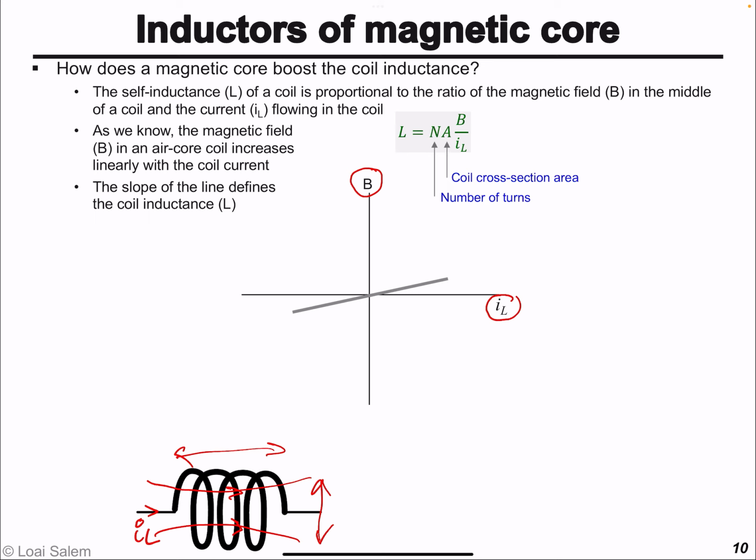And as we know, the self-inductance of a coil is proportional to the ratio of B over IL, which basically is the slope of this line.